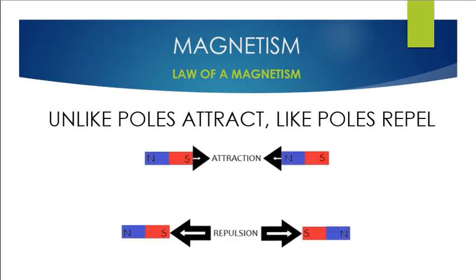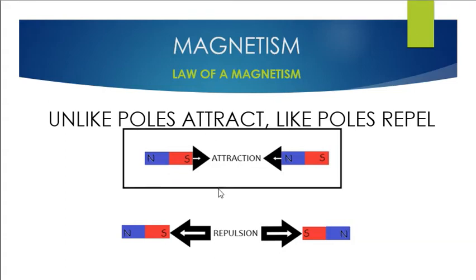In diagrams, it might be shown like this. When you get two poles which are not the same, like in this diagram on top, the two magnets which have unlike poles will come together, and even without pushing them together, they'll come together.